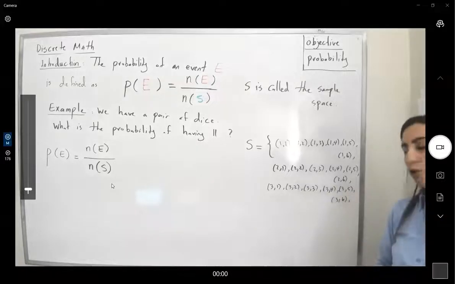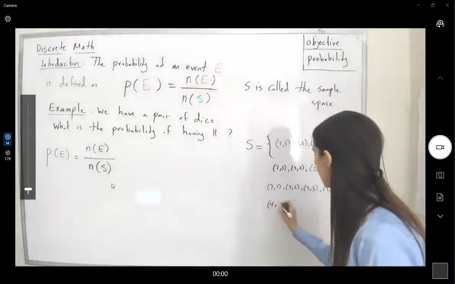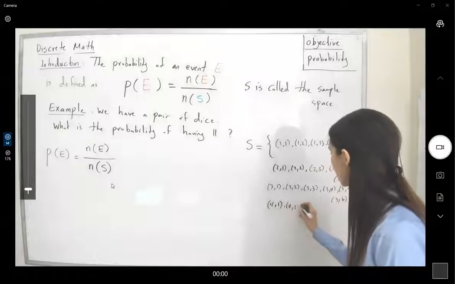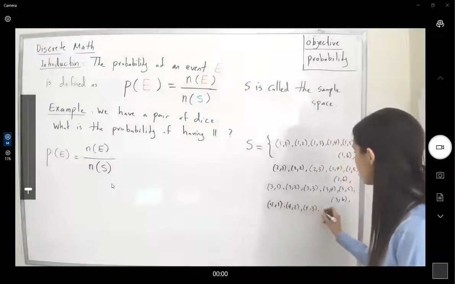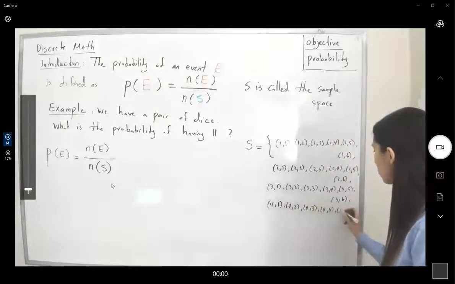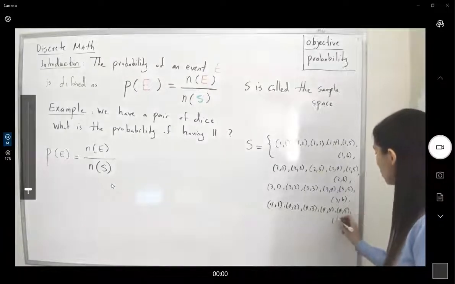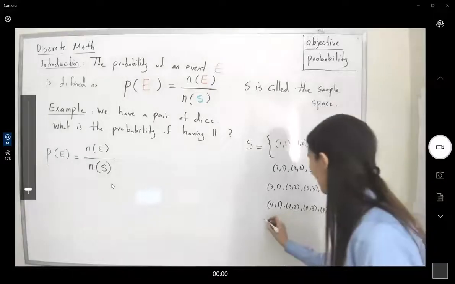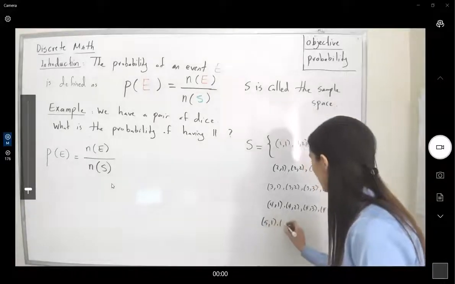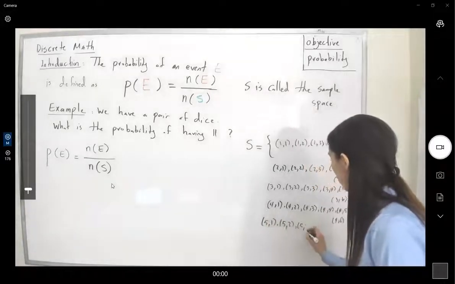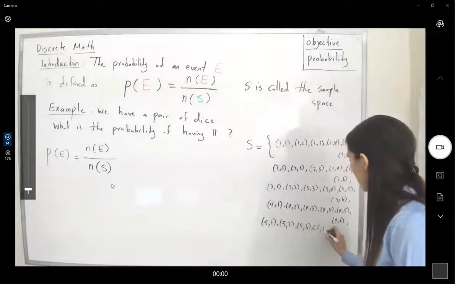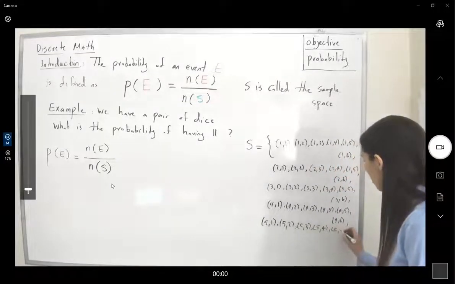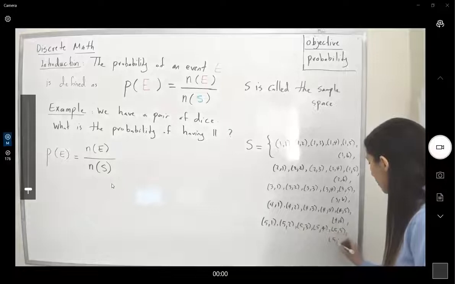The first one might be 4. 4 and 1, 4 and 2, 4 and 3, 4 and 4, 4 and 5, 4 and 6. The first one might be 5. 5 and 1, 5 and 2, 5 and 3, 5 and 4, 5 and 5, and finally 5 and 6.